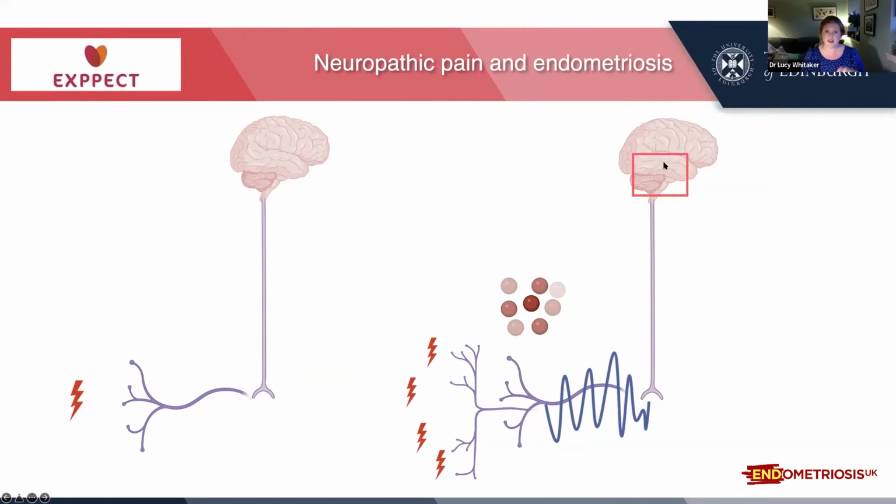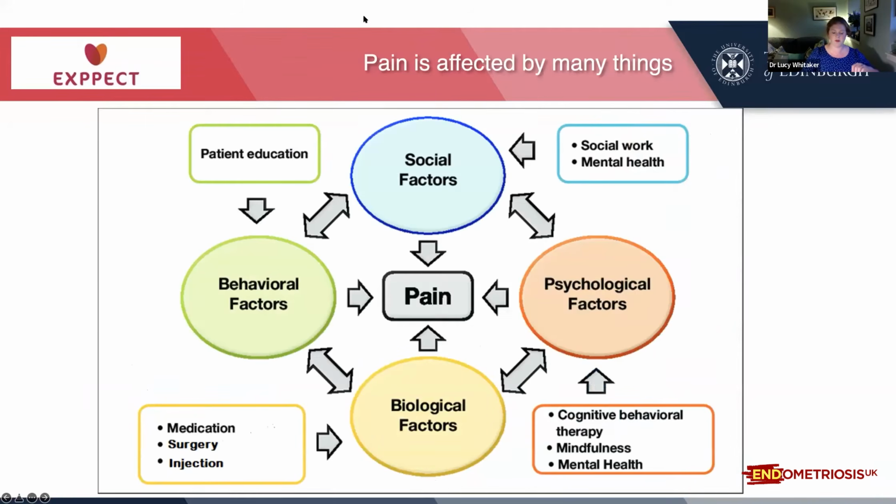Now, not only is this area really important in pain processing, but it's also really important in mood processing. And so anyone who's got anxiety or low mood or depression will typically have abnormalities in the thalamus, and particularly they often get low levels of serotonin, which is one of the key hormones involved.